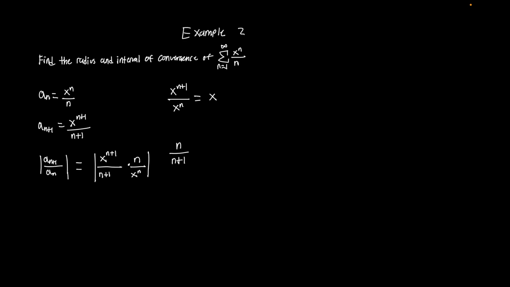So now let's take the limit, right? See if this equals 0. So we're going to have the limit as n approaching infinity of, well yeah, keep the absolute value signs by the way. So we're going to have the absolute value of x times n over n plus 1.